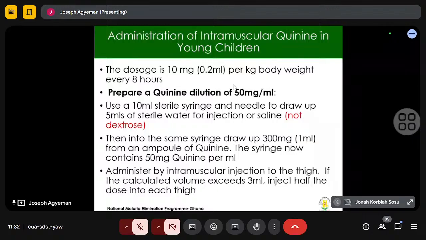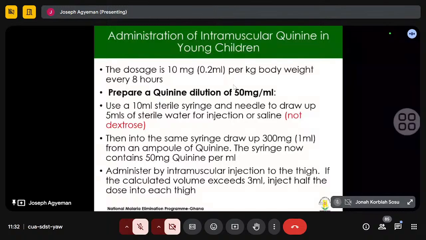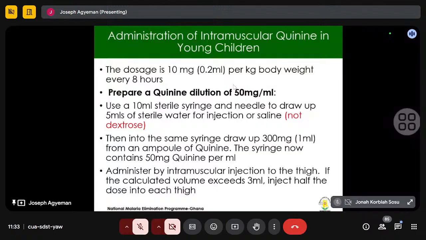So he said, since the stock contains 2 mils containing 600, he is picking half, which is 1 mil, into a syringe, and that will contain 300 milligrams. So in the syringe, we will have 1 mil containing 300 milligrams. How do we manipulate this so that we will get a final volume of which each ml will contain 50?